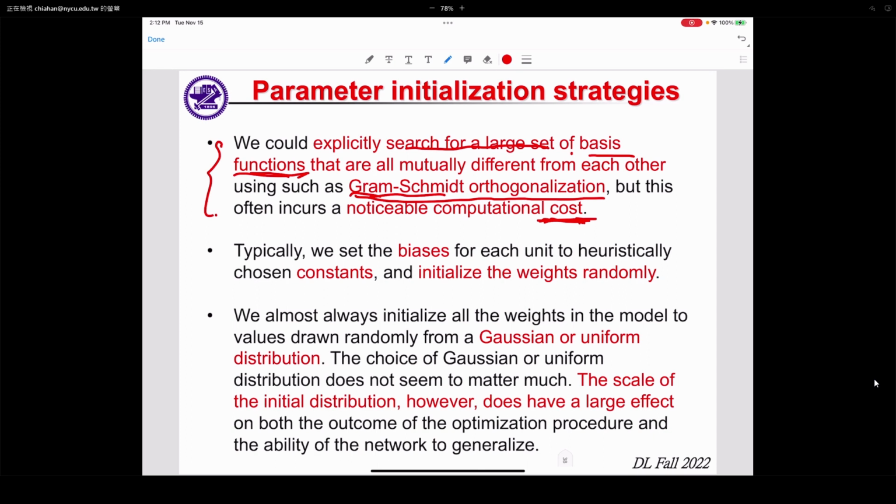So for weights, usually we just simply use random weights. And for bias, we just use a constant. We don't initialize the bias randomly; we just initialize the weights randomly. Again, what's the reason for that? I think we mentioned this a little bit for different situations, but a similar idea here.